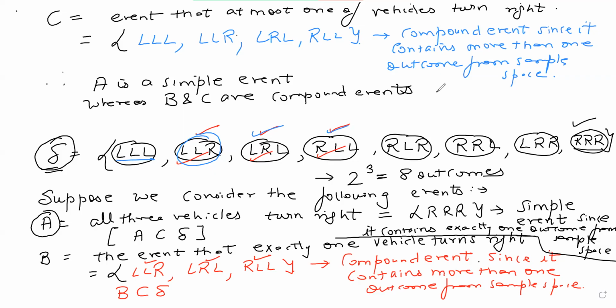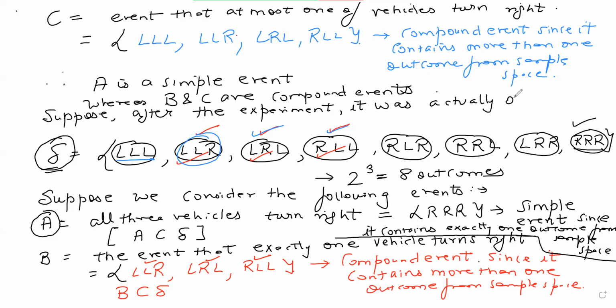Now, suppose this experiment took place and it was observed that all the three vehicles turn left. So I can write, suppose after the experiment, it was actually observed that all three vehicles turned left.